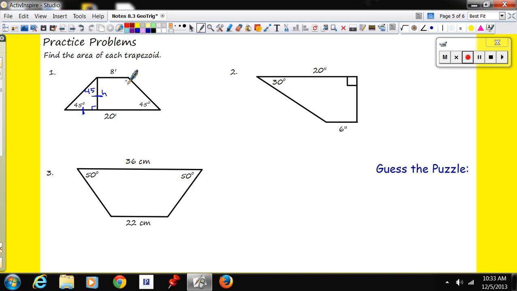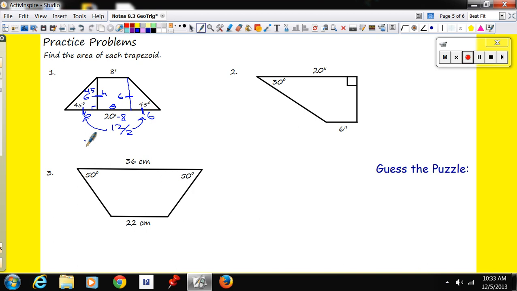Well, let's see. If I bring another vertical down, this piece is 8, right? I know that these are both 45, so these two are also going to be the same thing. So if I take 20 and subtract 8 from it, I get 12 left over. If I divide that by 2, what do I get? These are both 6. So both of these have to be 6.